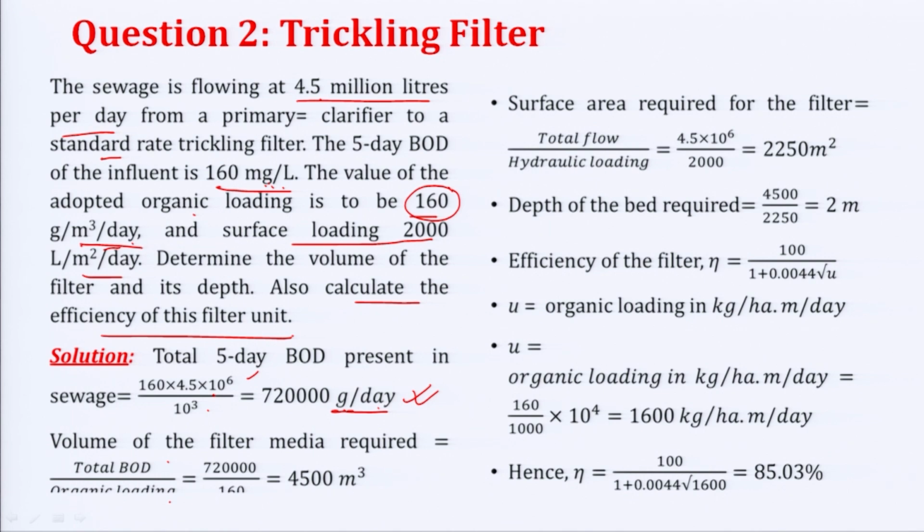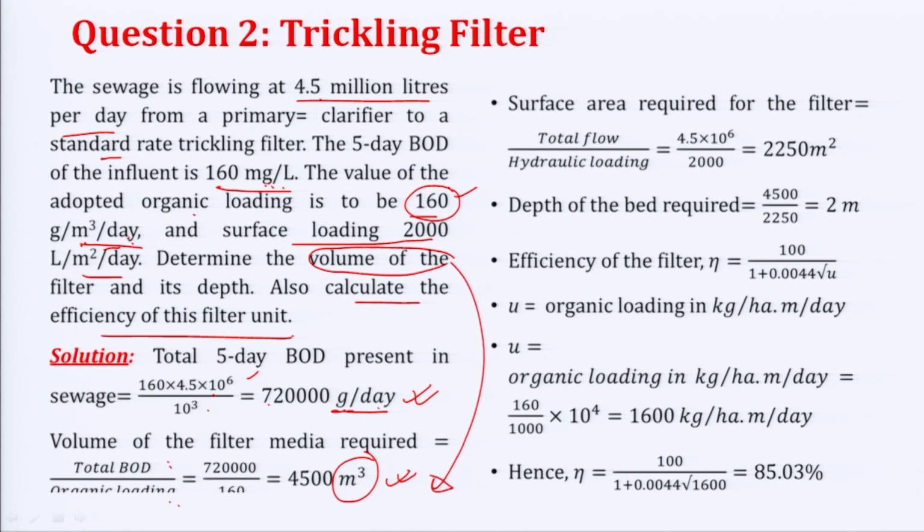If you divide grams per day by grams per meter cube per day, you get meter cube. So, this is another way, if you get confused, to think about it. The volume of the filter media required is total BOD by organic loading, that is 720,000 by 160 grams per meter cube per day, which gives a volume of 4500 meter cube. This is the answer.